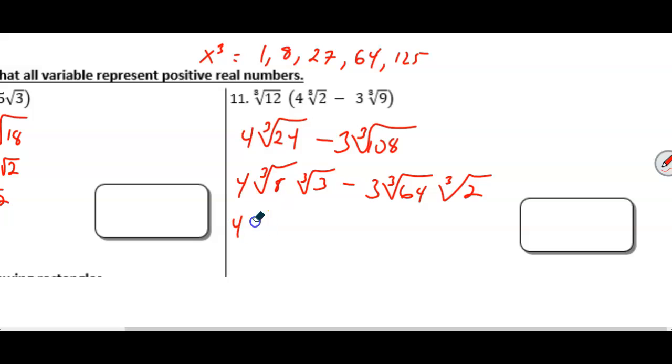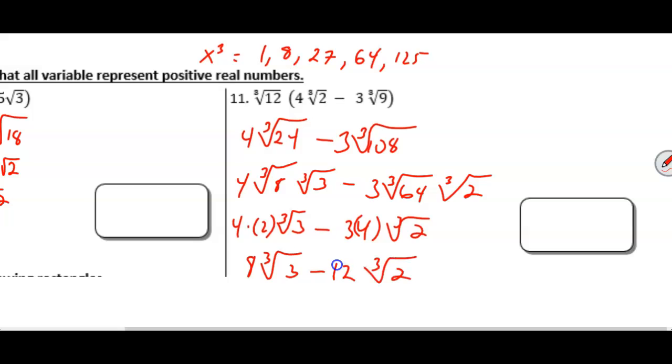The cube root of 8 is 2, and the cube root of 64 is 4. So right here, we will end up with 8 cube root of 3 minus 12 cube root of 2. So there we go, final solution.